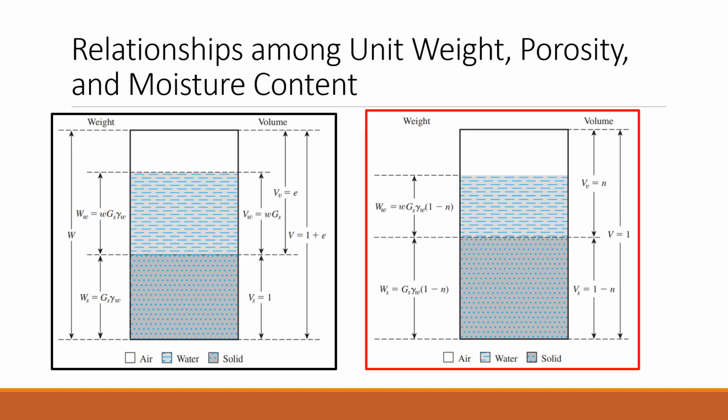So, this time, atong i-establish lang ang volume of voids is equal to n, and since the total volume is equal to 1, volume of solids is equal to 1 minus the volume of voids, now equal to n.